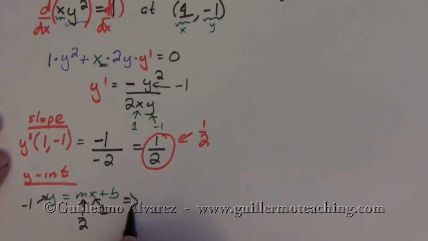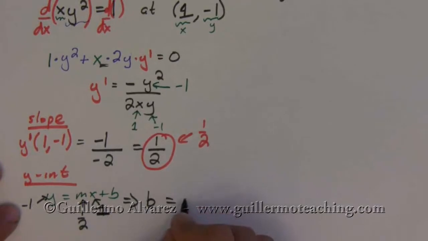And so this means that b, if I solve for it, is going to be negative 1 and then minus another half, so it's going to be negative 3/2.